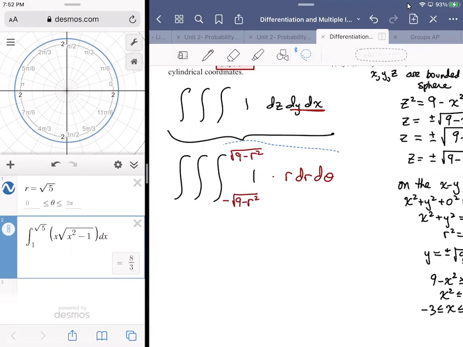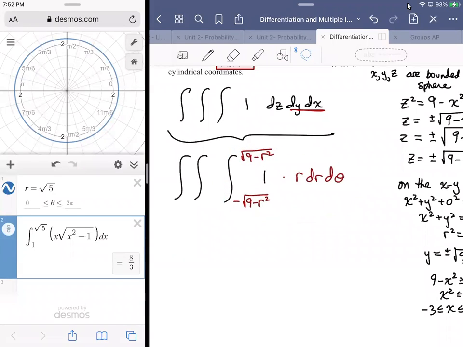So that's my z. Then I need my r, which is going to go from 0 to 3. And then I need my theta. Well, it's one full trip around a sphere. One full trip around anything is 360 degrees, or 2 pi radians. So right off the bat, we're looking at something that's a whole lot more manageable.